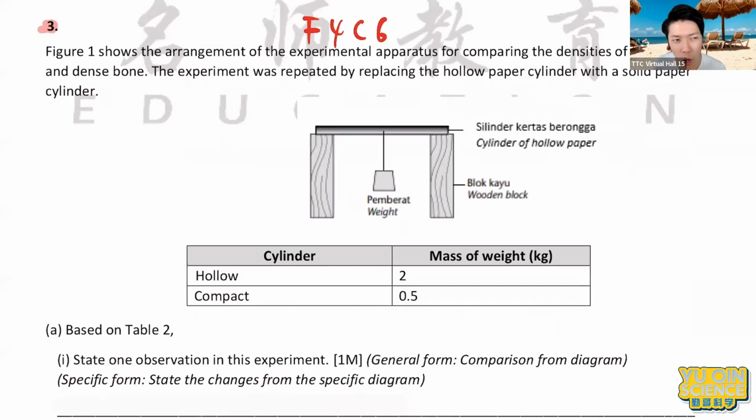The bird one, hollow, belongs to the bird, compact belongs to the terrestrial animal. Terrestrial means on land, which is compact. So what happens is we will use a paper cylinder and a solid paper. So hollow and solid, or we could call it compact as well.